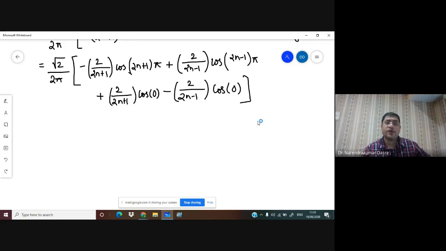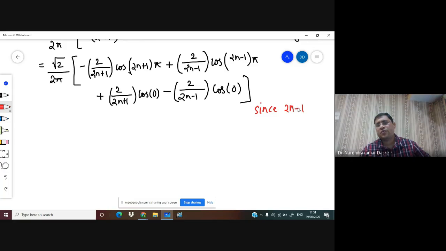So since 2n plus or minus 1 is always odd, this number will always be odd, and hence cos of (2n plus or minus 1)π is equal to minus 1, because cos of 2nπ is going to be 1 and cos of π is going to be minus 1. So this always will be a minus 1 term. And hence, this is going to be minus 1, this is going to be minus 1.